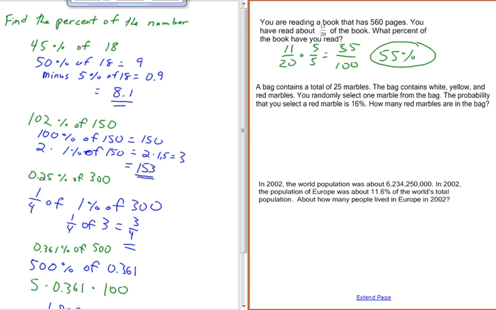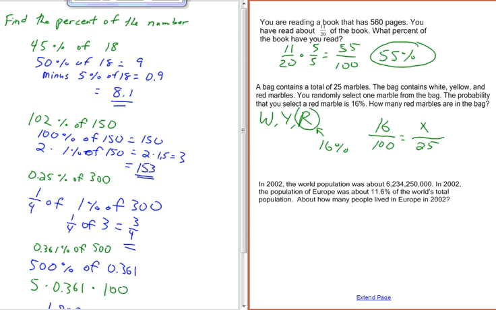Can I read the next one? Sure. A bag contains a total of 45 marbles. The bag contains white, yellow, and red marbles. You randomly select one marble from the bag. The probability that you select a red marble is 16%. How many red marbles are in the bag? So that's 16%, which is x over 25.